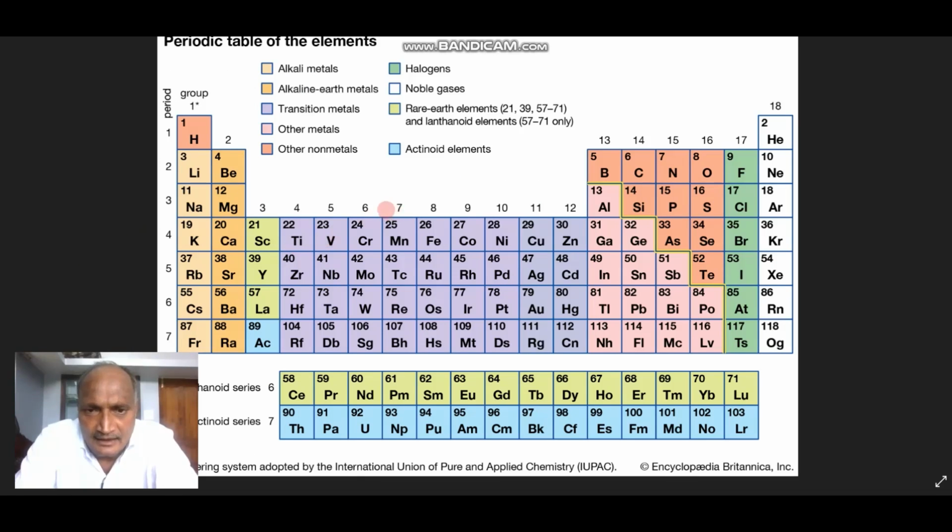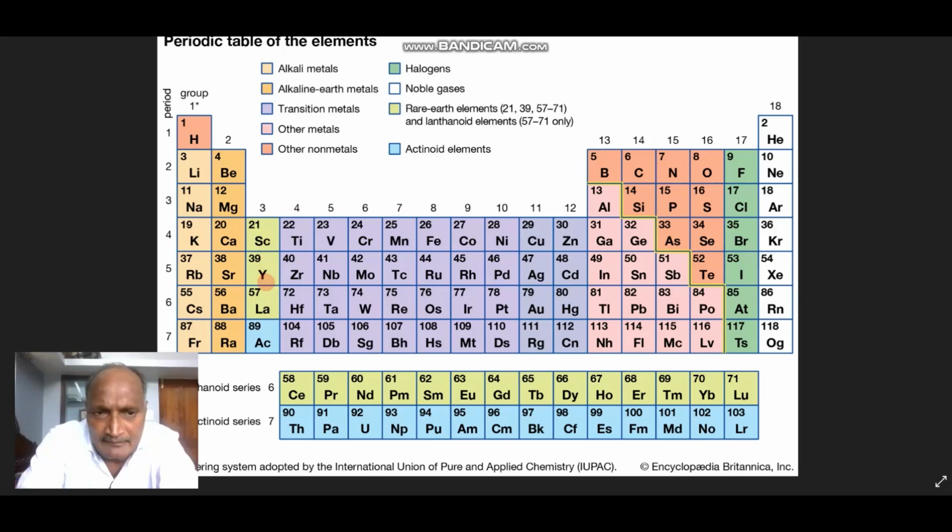As I am telling you, the d block elements are further divided into 4 series. The one starting from atomic number 21 to atomic number 30, that is scandium to zinc, is regarded as the 3d series elements.